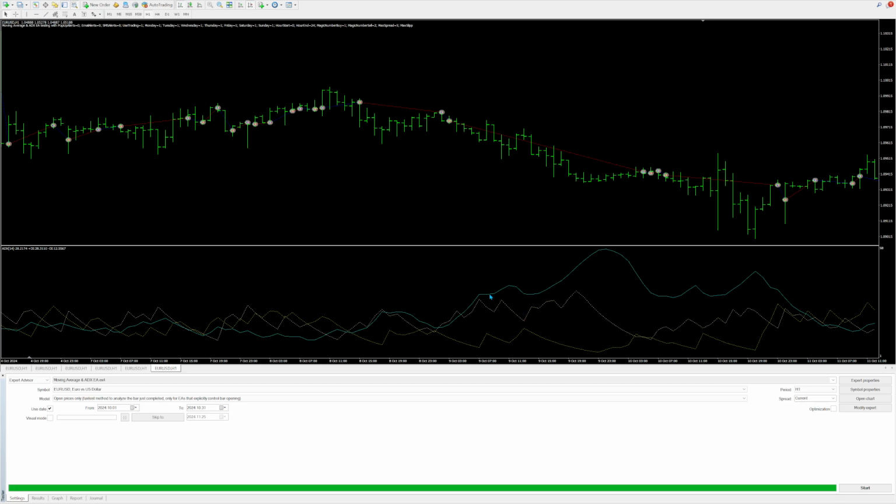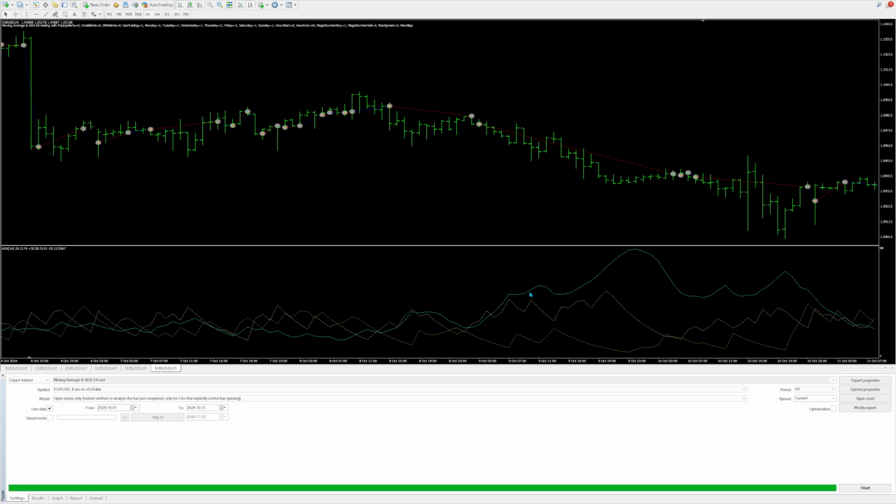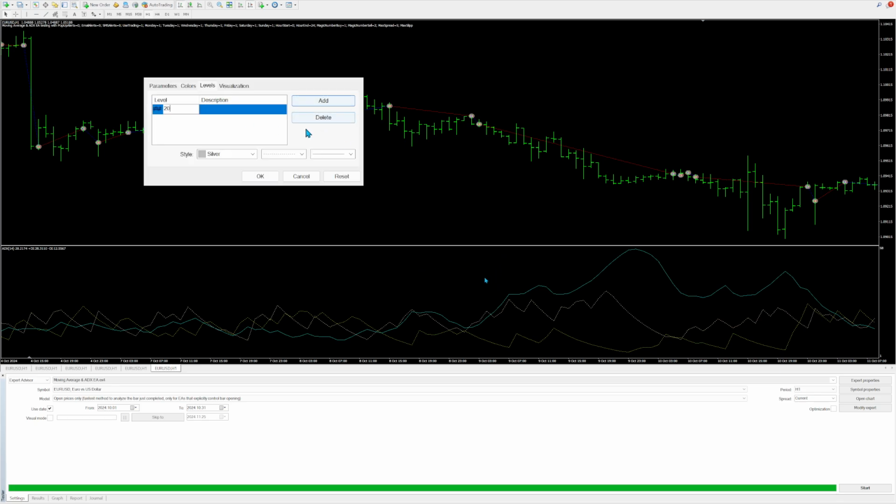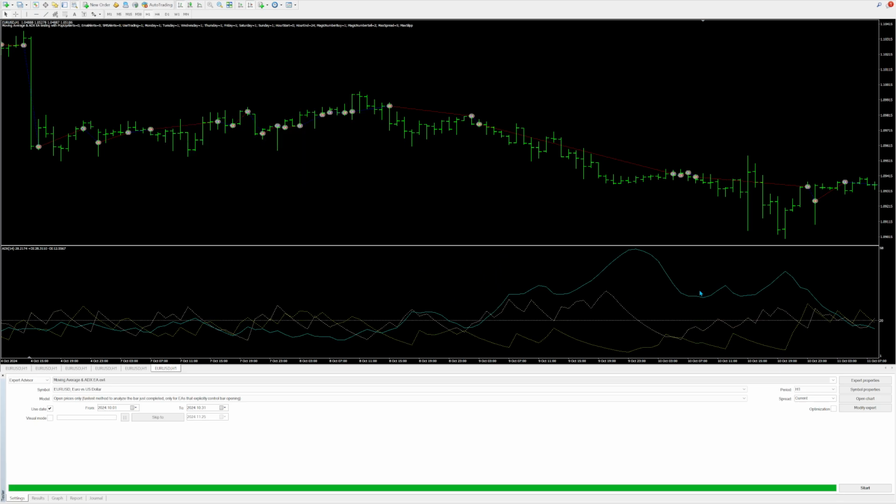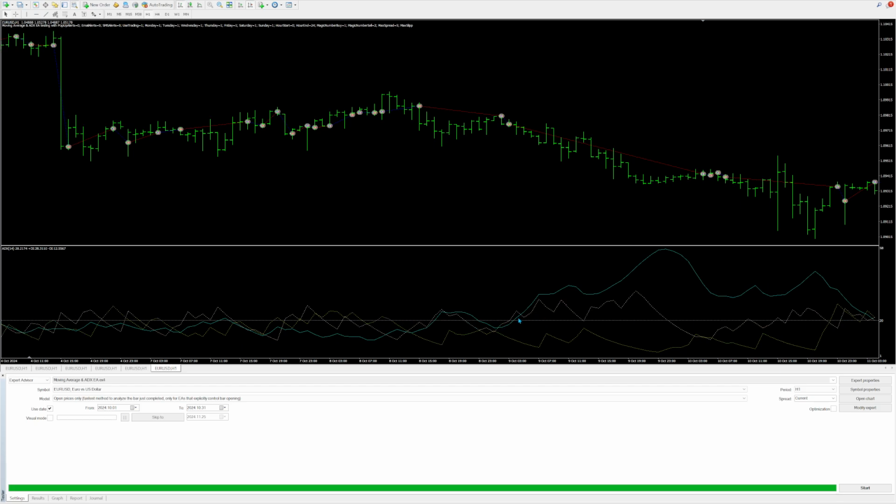The level here, so with the ADX indicator, some traders, myself included, will use levels like this 20 level I've just added here, and basically only confirm a trend if the ADX blue line is above the 20 level.